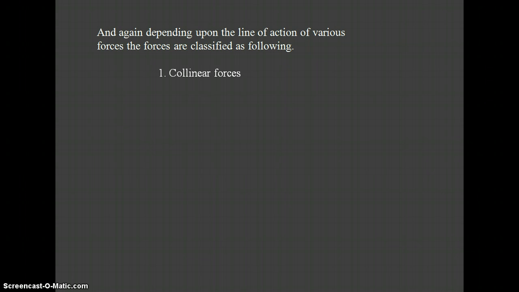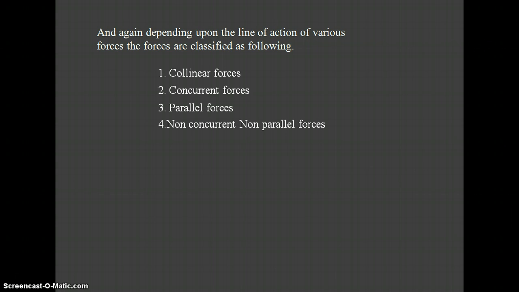So first one is linear forces, second one is concurrent forces, and third one is parallel forces, and fourth one is non-concurrent non-parallel forces. So these are the different types of forces based upon the line of action taking place on a body. So here first, linear forces.